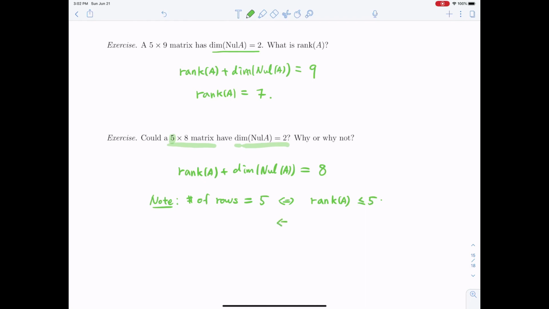In other words, applying this to the rank-nullity theorem, we have rank of A plus the dimension of the null space of A is less than or equal to 5 plus the dimension of the null space of A. But we know that this quantity equals 8. So this gives that the dimension of the null space of A should be greater than or equal to 3. So in this case, we cannot have the nullity equal to 2.